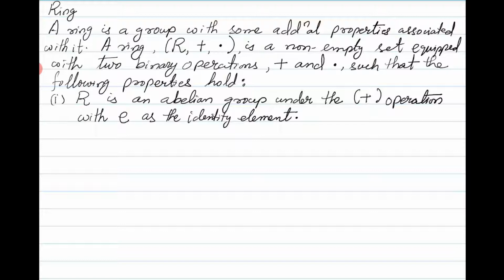And because it is an abelian group, the binary operation is commutative. Basically x plus y will be equal to y plus x. So the first thing, R is an abelian group under the plus operation.